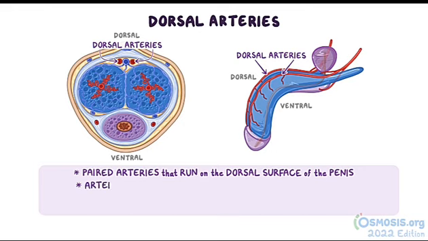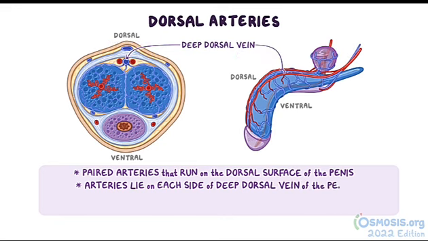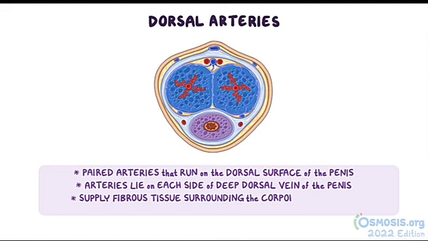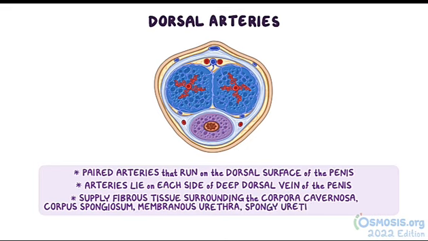Here, the arteries lie on each side of a vein called the deep dorsal vein of the penis, in a groove between the corpora cavernosa. These arteries supply the fibrous tissues surrounding the corpora cavernosa, the corpus spongiosum, the membranous urethra, the spongy urethra, and the skin of the penis.